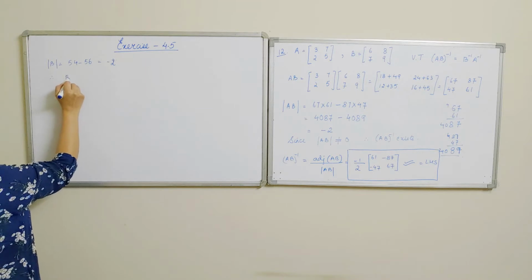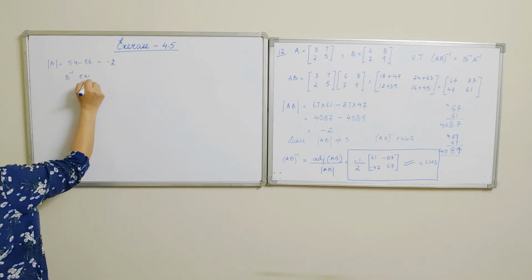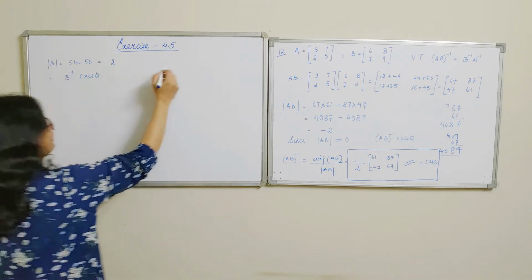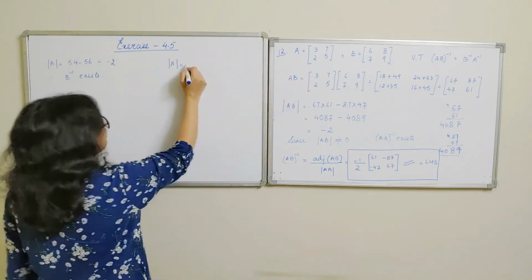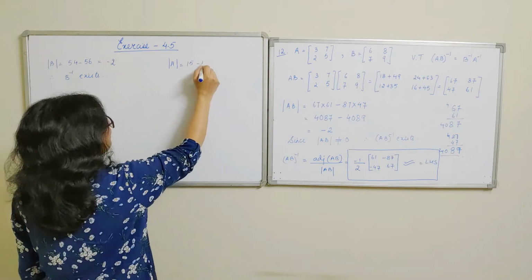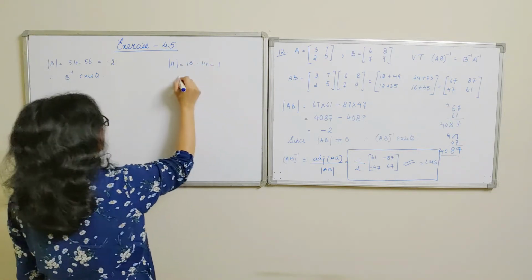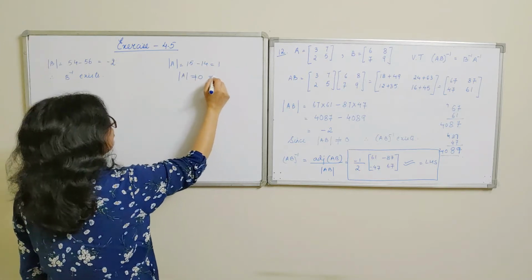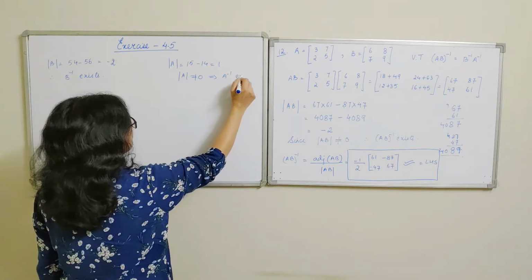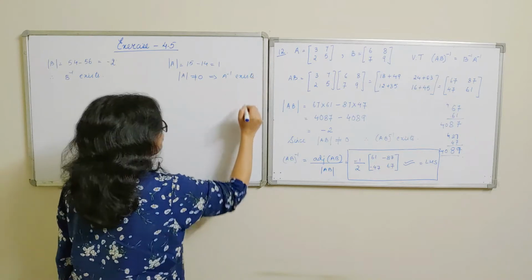So this basically means that B inverse exists. Let us also find out determinant of A. Matrix A is written here. So 15 minus 14, which is equal to 1. Determinant A is not equal to 0. So this means that A inverse also exists.